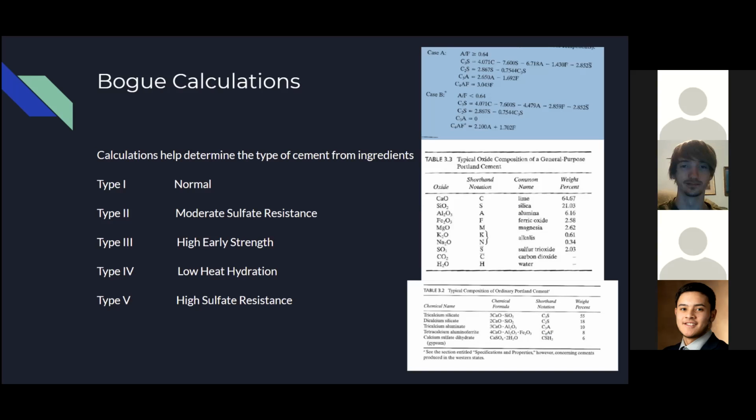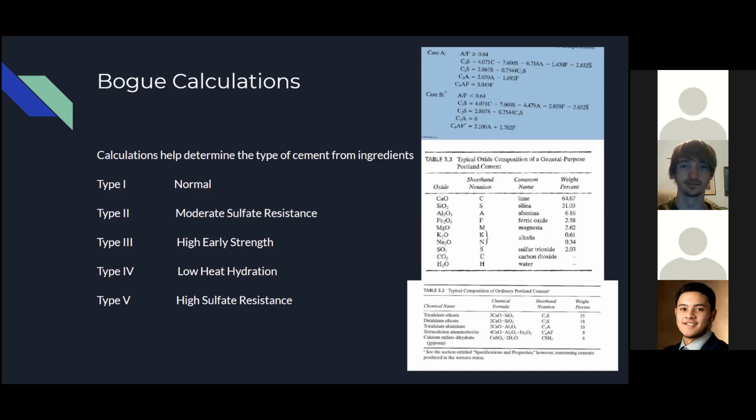On the very right side, we can see the percentage of the ingredients used, where we have lime, silica, alumina. Directly below that, we have a breakdown of this type of cement with the different ingredients, the results. So there are also 4 different other types.